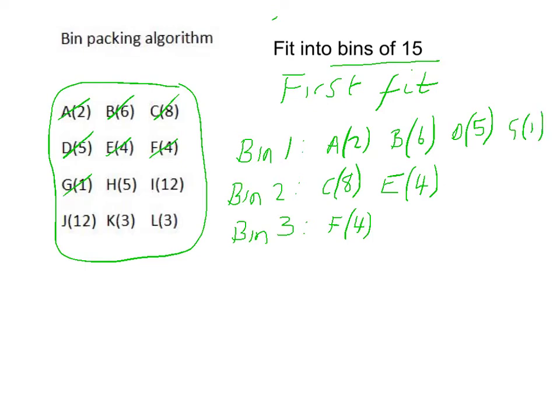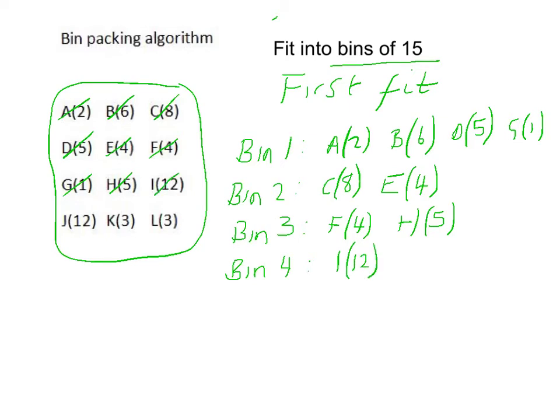On to H. Can't fit into bin 1, can't fit into bin 2, but it can fit into bin 3. I is size 12, so we're going to have to start a new bin. So I goes into bin 4.